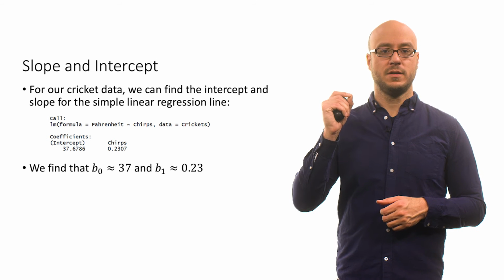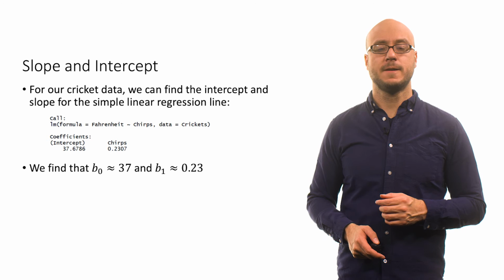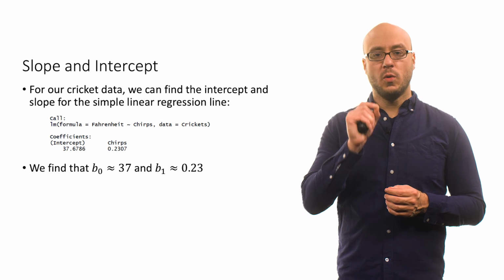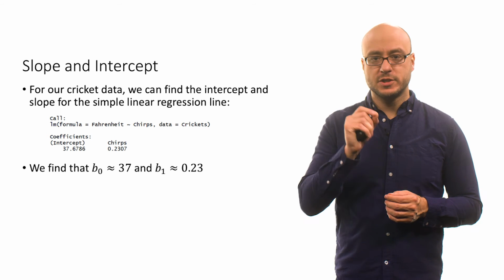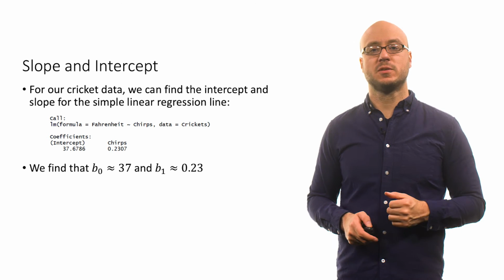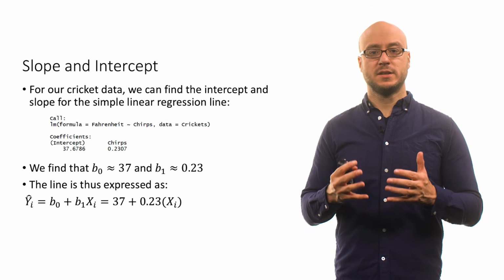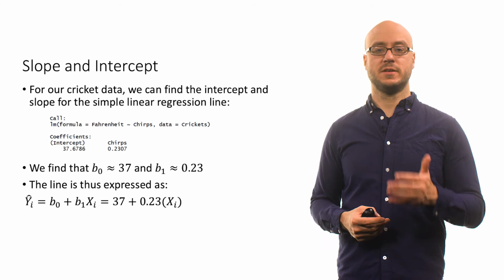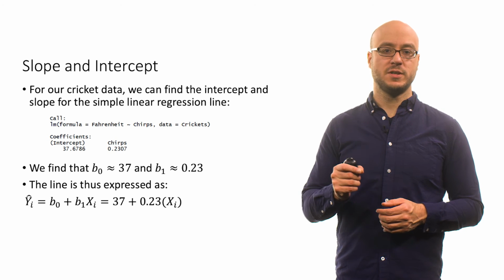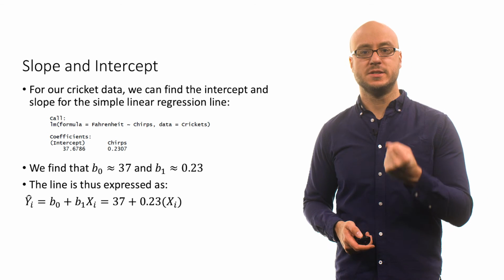So when cricket chirps is 0, the expected mean temperature is about 37 degrees Fahrenheit. Then we find the slope is 0.23. For every 1 unit increase in our x variable, cricket chirps per minute, we expect the temperature to increase by 0.23 degrees Fahrenheit. The line we can succinctly express using these two numbers, the intercept and slope in the sample, so that our predicted values of y equals roughly 37 plus 0.23 times x, where x is cricket chirps per minute.